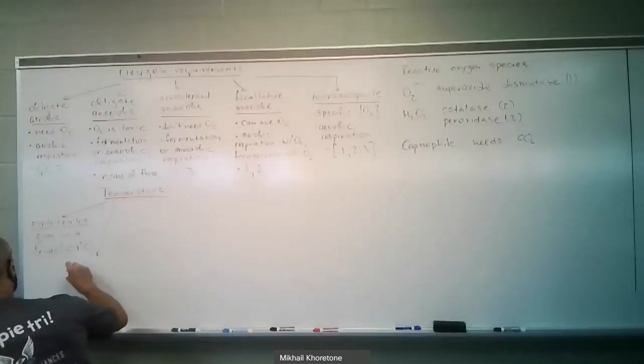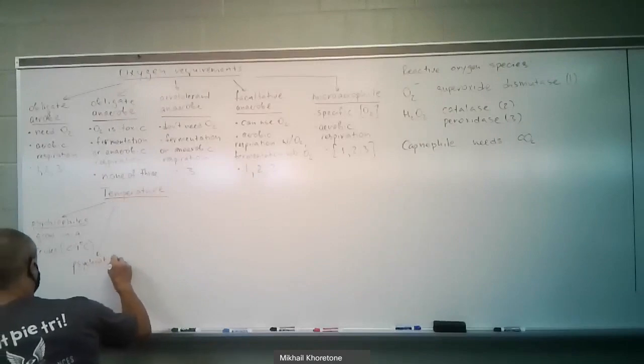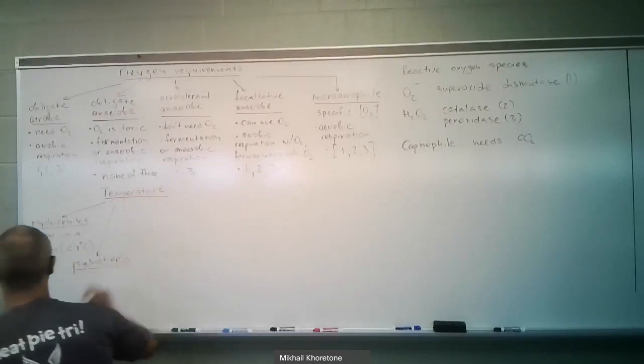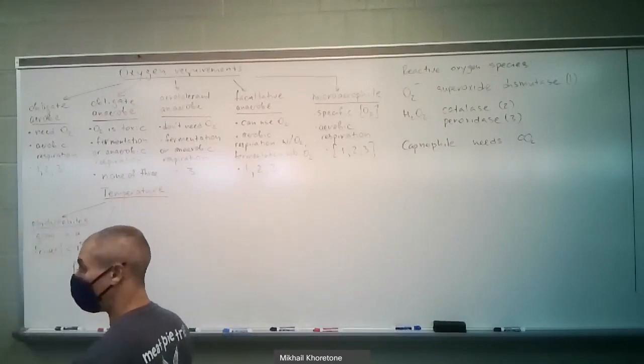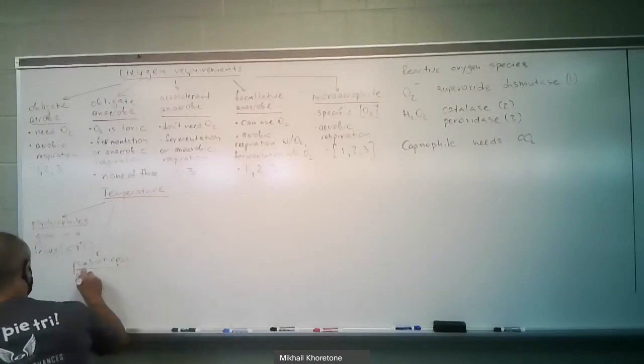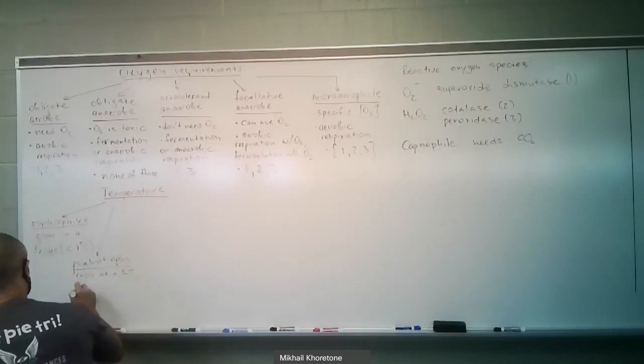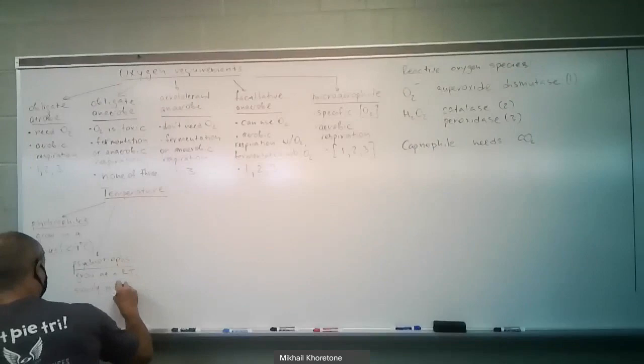Now, second group will be psychrotrophs. Now, they grow at room temperature. Slowly grow in a fridge.